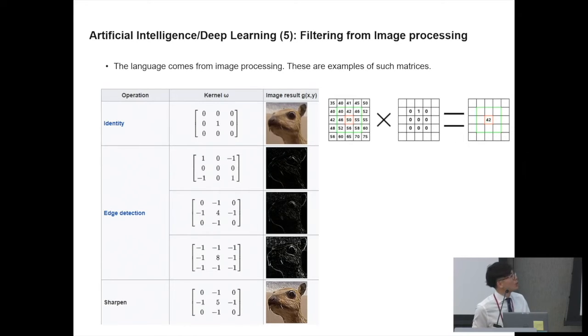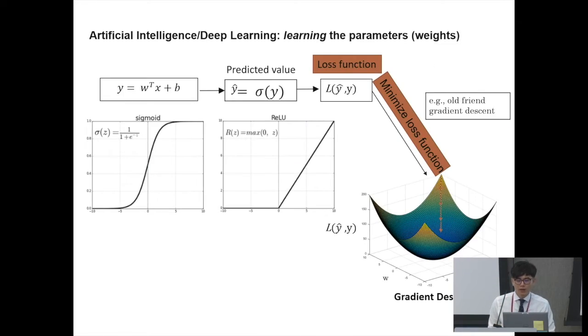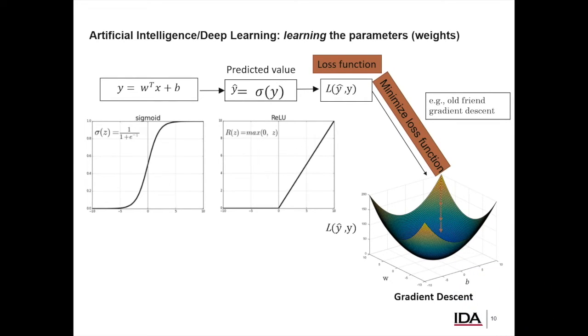And this is one of a few examples of these matrix multiplications: edge detection, with some values in the off diagonal being -1, so that you find these edges. But underneath the hood, all of these are a type of convolution, matrix multiplication. After this set of matrix multiplications, you apply the sigmoid function again, sigma of y, and then you have a predicted value and an observed value.